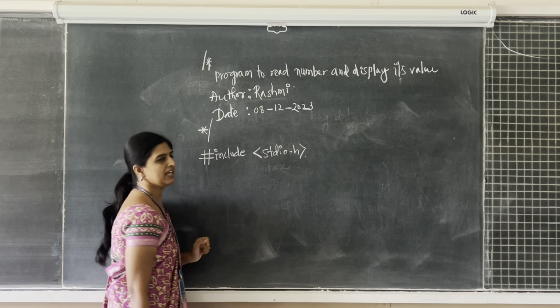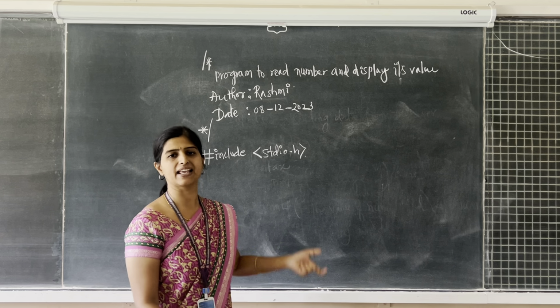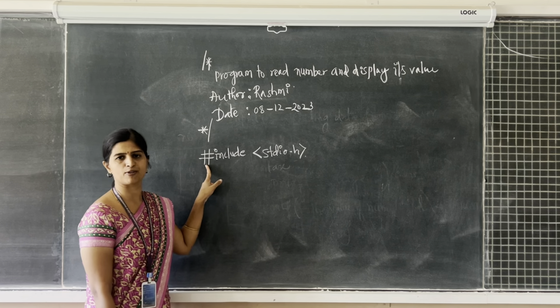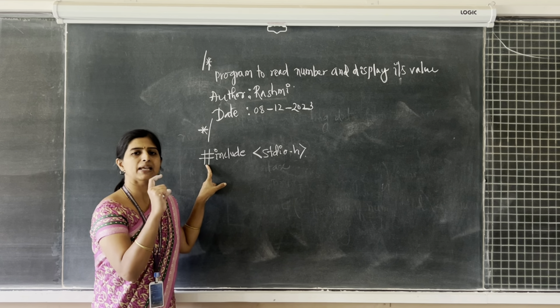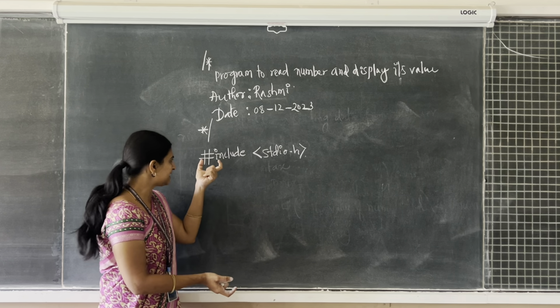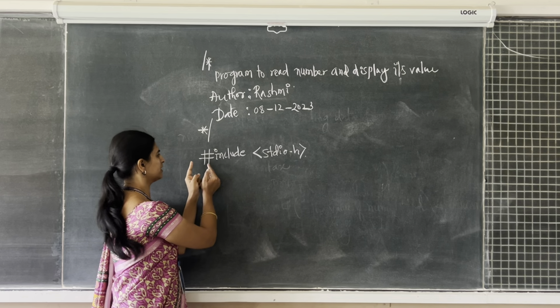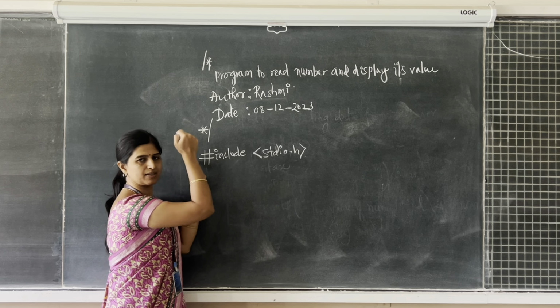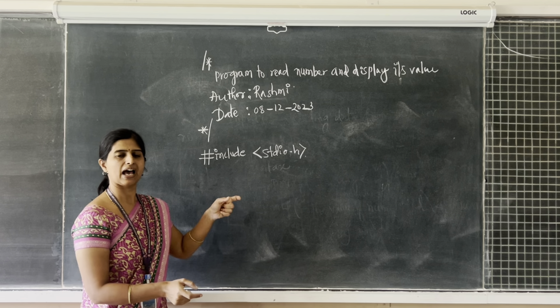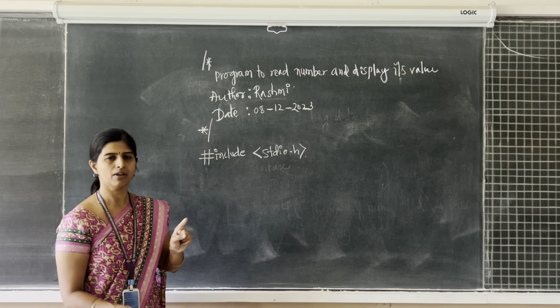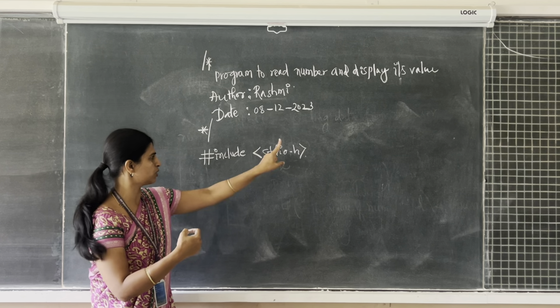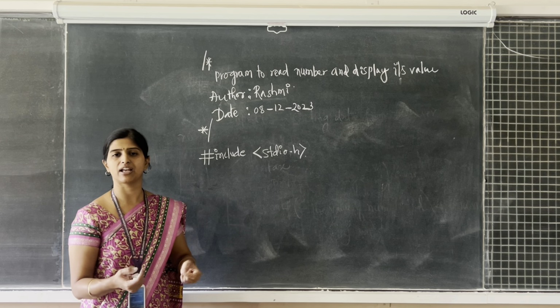This basically constitutes the link section. #include is a preprocessor directive. Please note, preprocessor directive means it tells the compiler whenever the compiler encounters this hash symbol, it gets to know that my task is to include the stdio.h header file into the code.